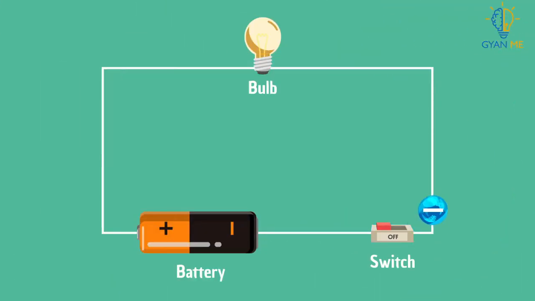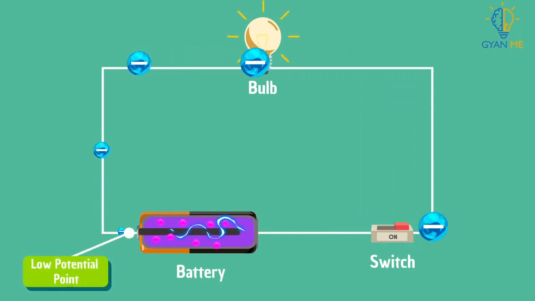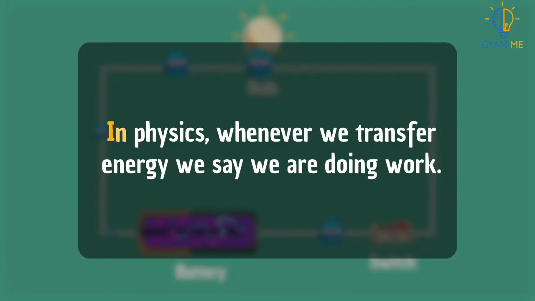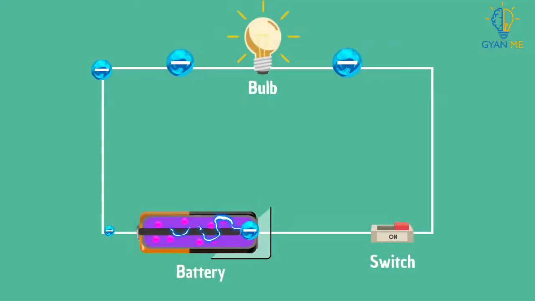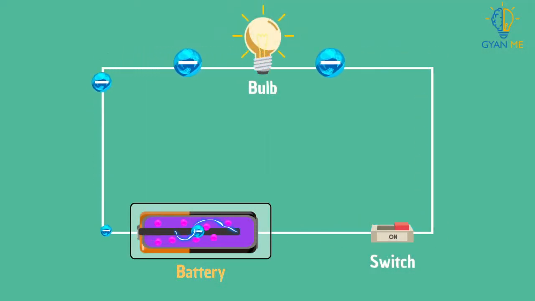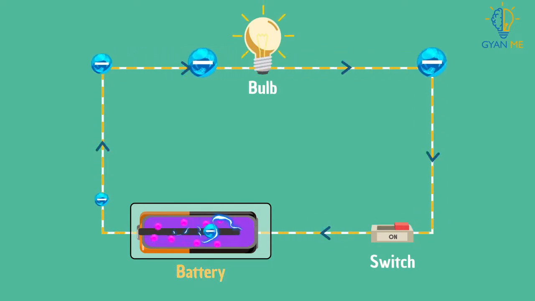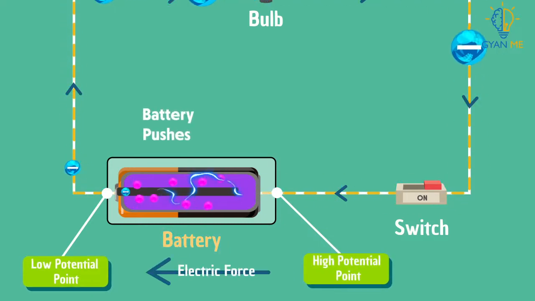We have seen earlier that it was the battery which was giving energy to electrons to flow from low potential to high potential once they have traveled in the circuit. In physics, whenever we transfer energy, we say we are doing work. Just like battery does on charge. Here work is done to move the charges as battery is giving energy to electrons to move against the electric force.